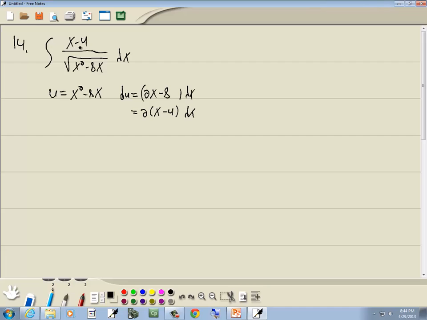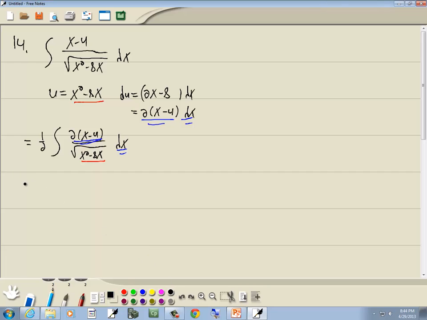And all of a sudden, it's starting to look like the top part. I just need a 2 up there. So I'll put a 2 up on top, and we offset it by putting a 1/2 out in front. And now, everything matches. x squared minus 8x, x squared minus 8x. 2x minus 4 dx, 2x minus 4 dx.